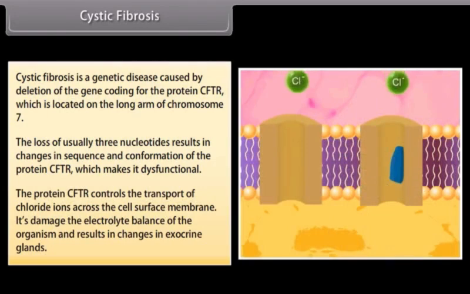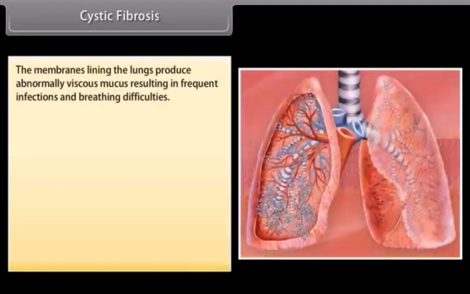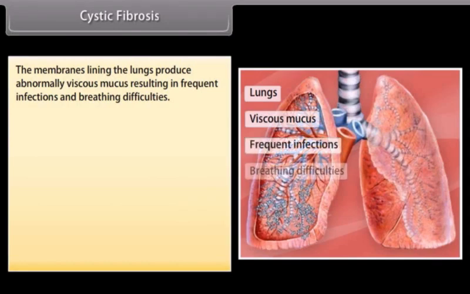The protein CFTR controls the transport of chloride ions across the cell surface membrane. It damages the electrolyte balance of the organism and results in change in exocrine glands. The membranes lining the lungs produce abnormally viscous mucus, resulting in frequent infections and breathing difficulties.